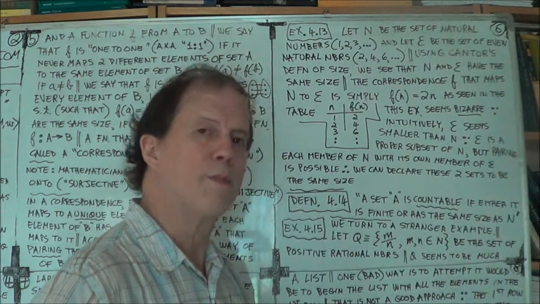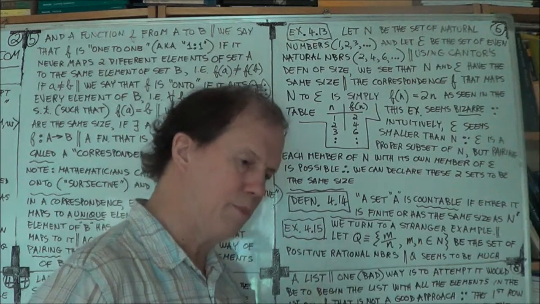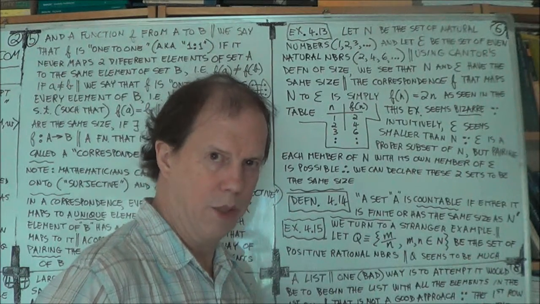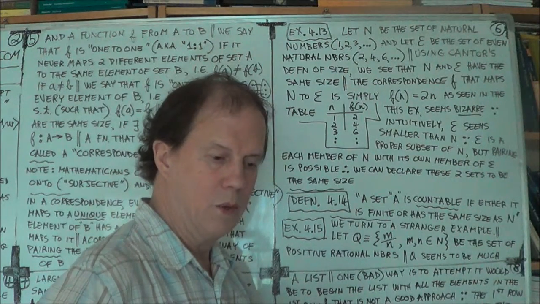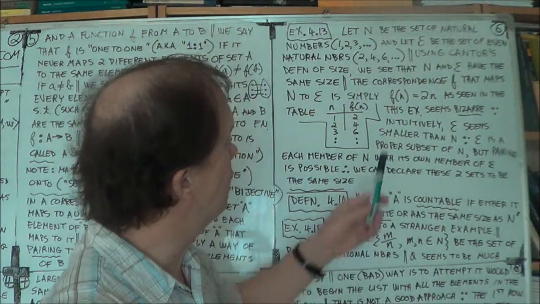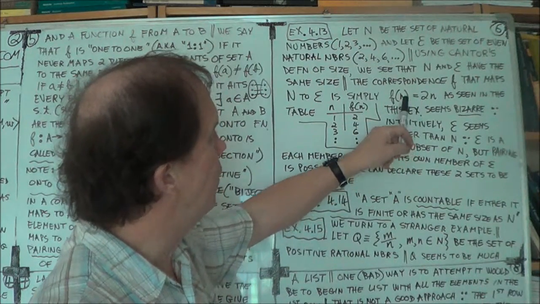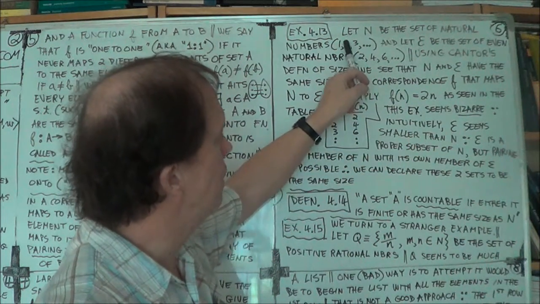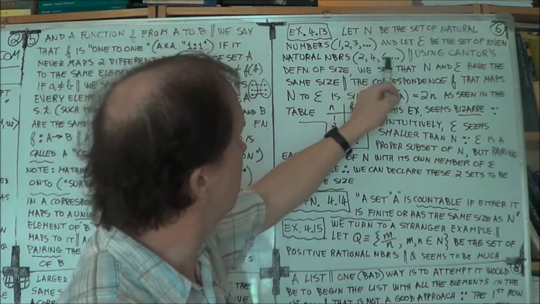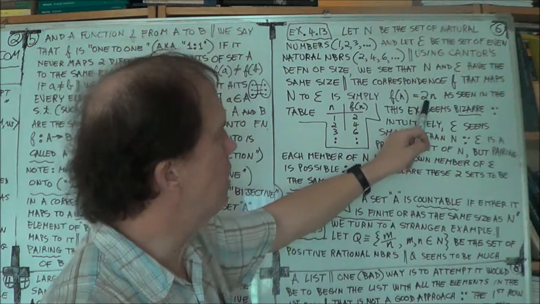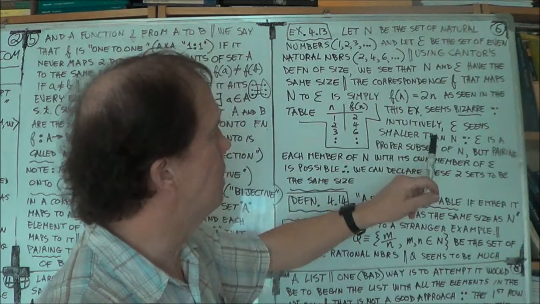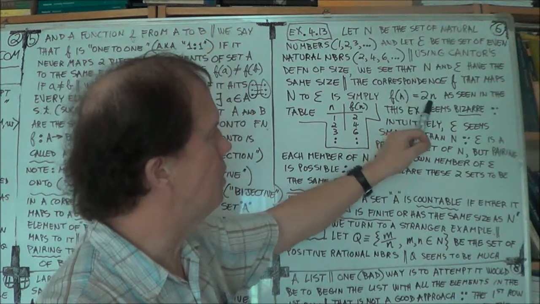Because you can form a correspondence between them, or using the pure math term, there is a bijection between them. There's a one-to-one onto mapping between them. There's a function between them. In fact, the function f, so if n is any member of N, the corresponding or paired member of the second set is just 2n. So there's your numerical relationship. There's your mapping, and it's obviously one-to-one, right?